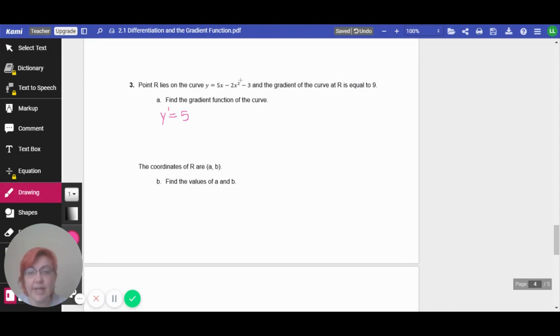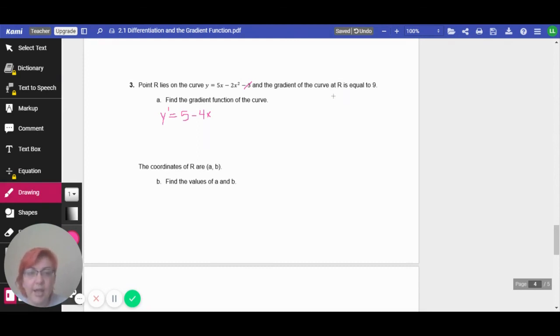Okay, next term, n is 2, a is negative 2. 2 times negative 2 is negative 4. X to the n minus 1. 2 minus 1 is 1. And I don't need to write that. Next, we have a constant. I know that'll be 0, so it goes away. Here is the gradient function.